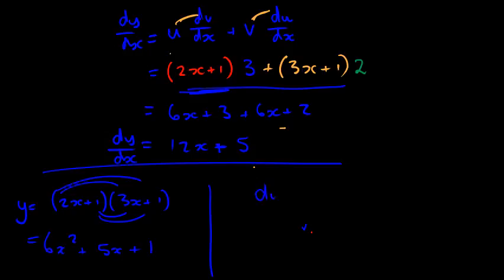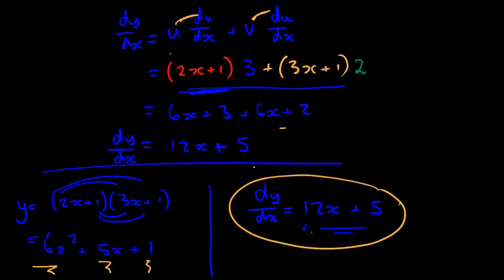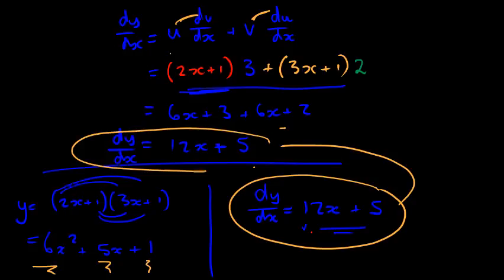If you take the derivative of that, you would get 12x plus 11. That is to say, the derivative of that is 12x, and that is the constant, and that is 0. So what's important to note is we've shown that the product rule gives us a correct answer.